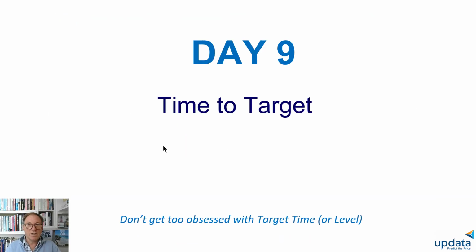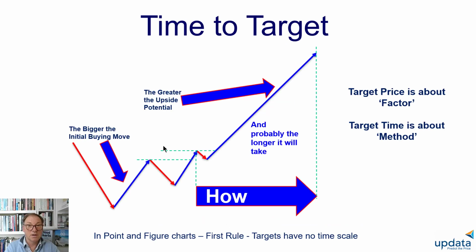So, time to target. Don't get too obsessed with the target time or the level of the target. The most important thing is that you've got a target. The factor of the target is how high we are going to go, and the default for that is 2 times that initial move, another 2 times.